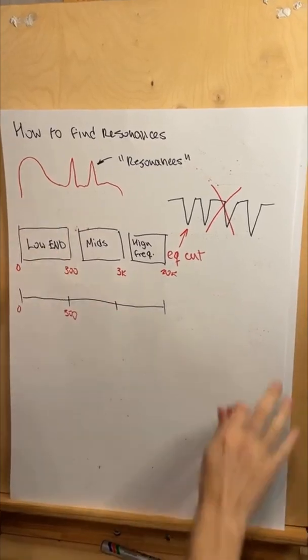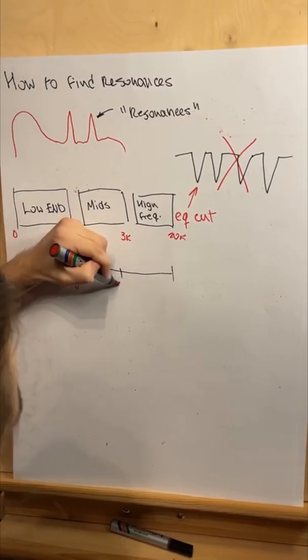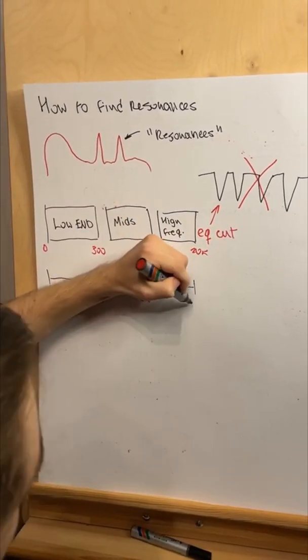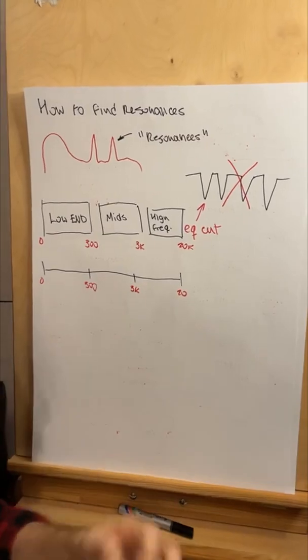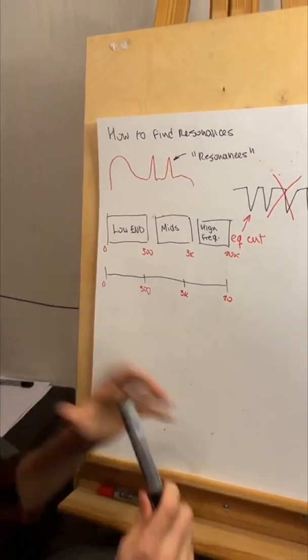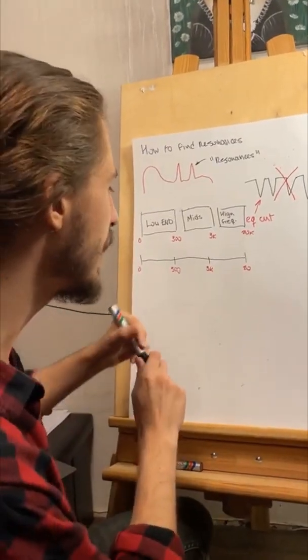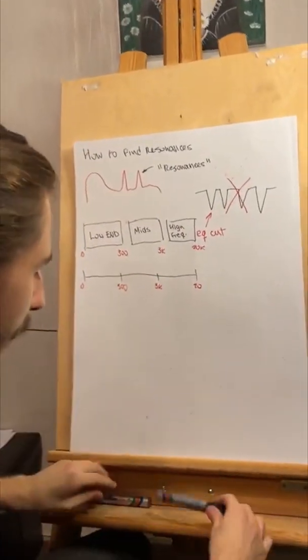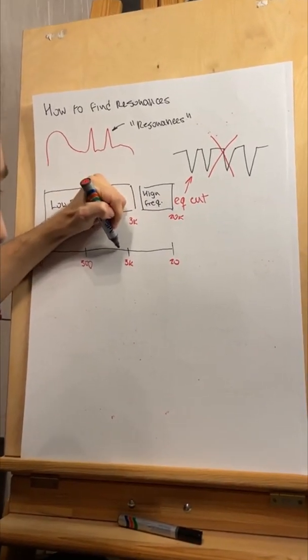It's not exactly as it would be on the equalizer, just so you know what I'm talking about. 3K and 20K. So usually when we work with vocals and drums, a lot of those unwanted, harsh, unpleasant frequencies are located in this area. So from 3K, maybe sometimes from 2.